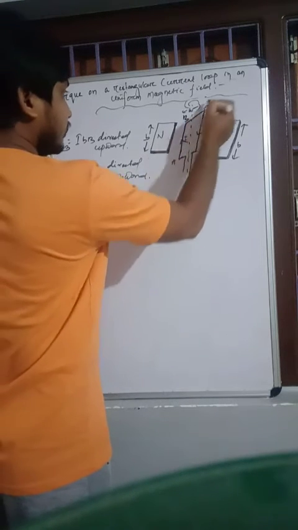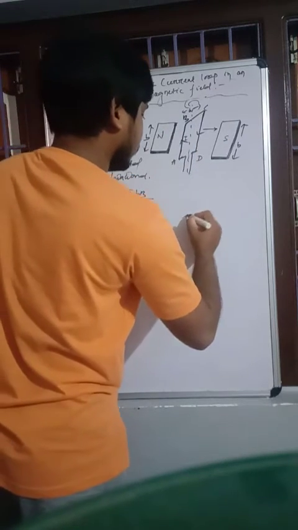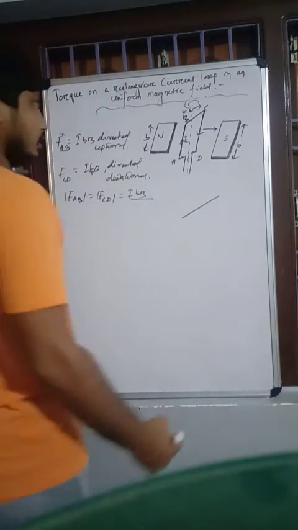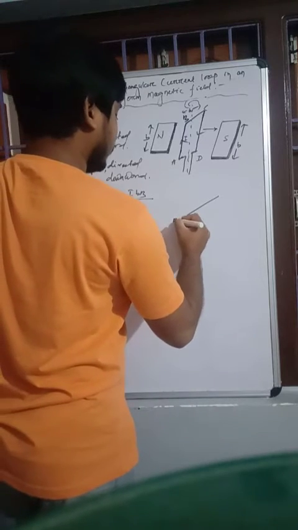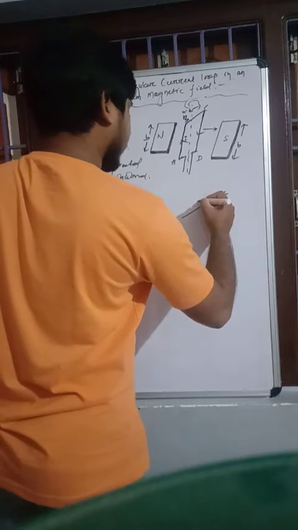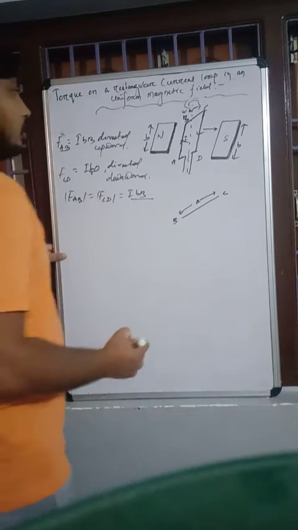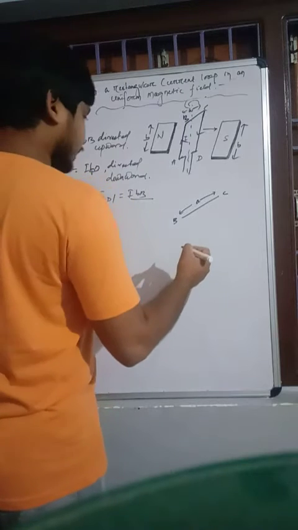So again I will draw this diagram, taking the arm BC. Actually it is like this. This is the side B and this is the side C. The length is a, and the forces are acting in this direction.